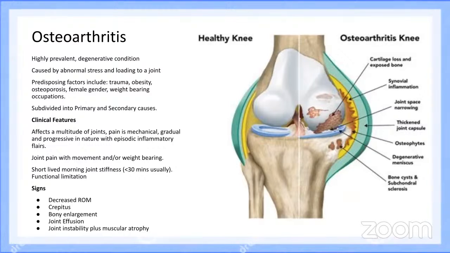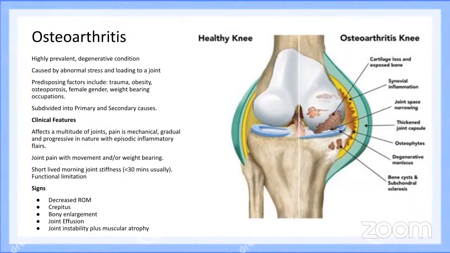Osteoarthritis can be further subdivided into primary and secondary causes, where secondary causes are where osteoarthritis develops secondary to other pathologies that we have discussed previously, such as rheumatoid arthritis, gout, and spondyloarthropathies. Important clinical features to identify in the clinic include the presence of one or multiple joints being involved.